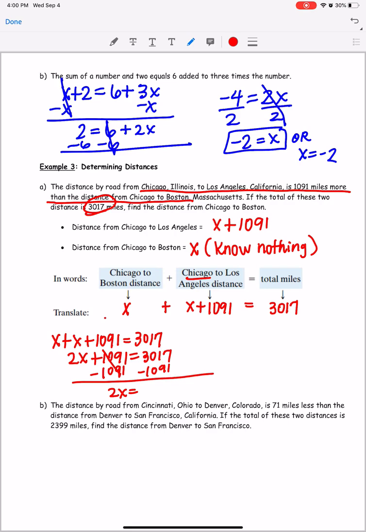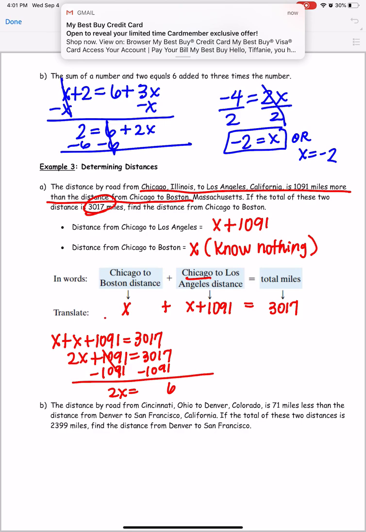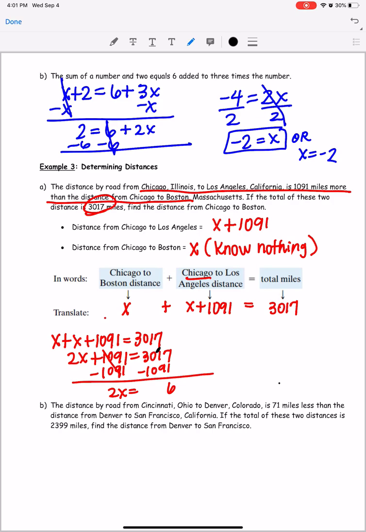7 minus 1 is 6. I can't subtract here. And I can't really borrow from a 0. So what I'm going to do is I'm going to use that 30 as a whole number. So I'm going to borrow this to make this 11. And I'm going to take 1 away from the 30 to make this 29.